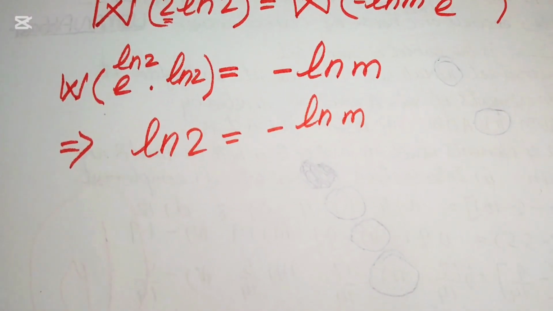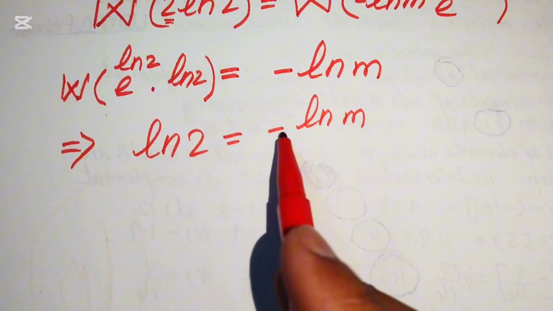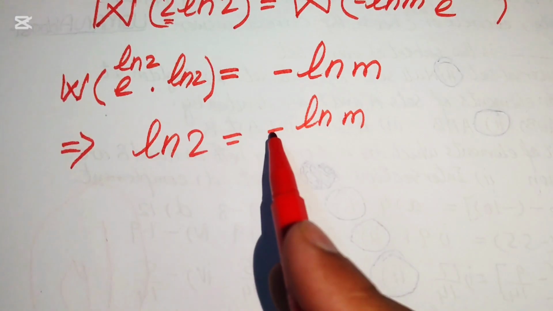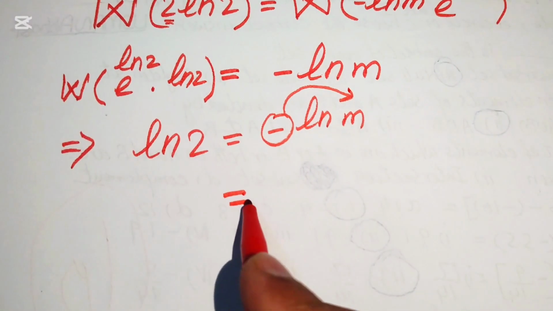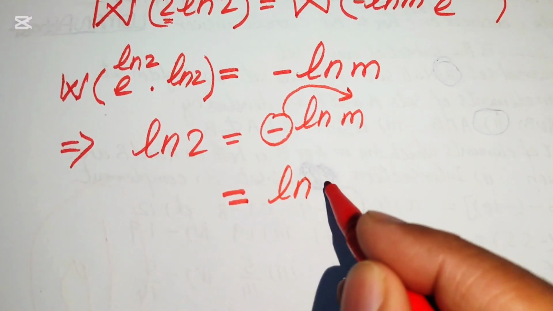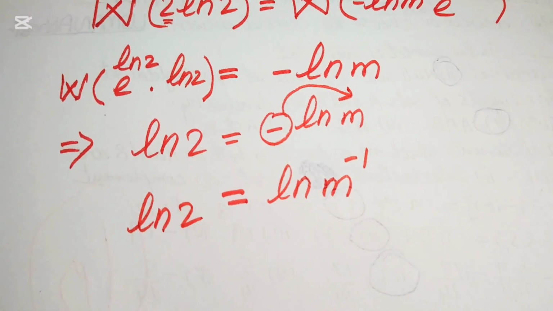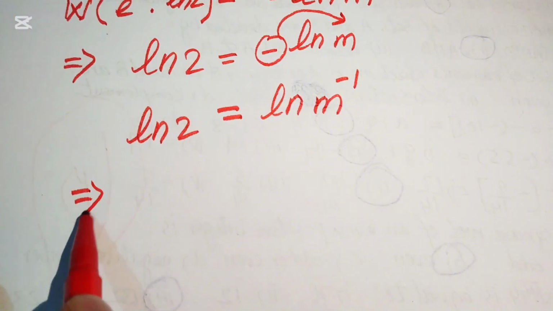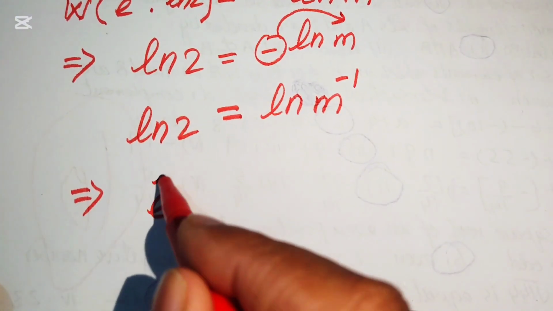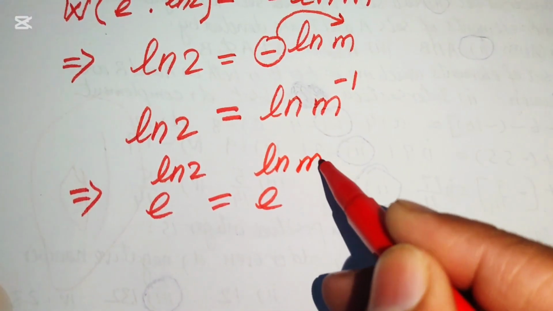Because in this problem we solve for real values of m, in order to remove this log, we need to apply the property of log, and we move this negative sign to the exponent of m, and it will be written as log of m inverse. In the left hand side we have log 2. Now we need to take the anti-log on both sides, so it will be written as e to the power of log 2 equals e to the power of log m inverse.